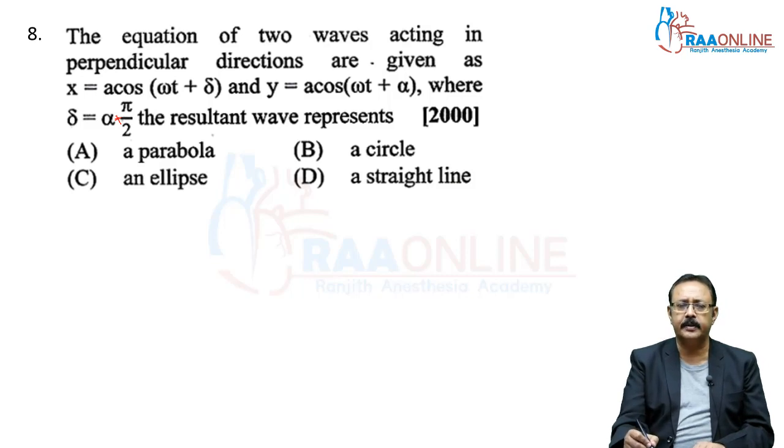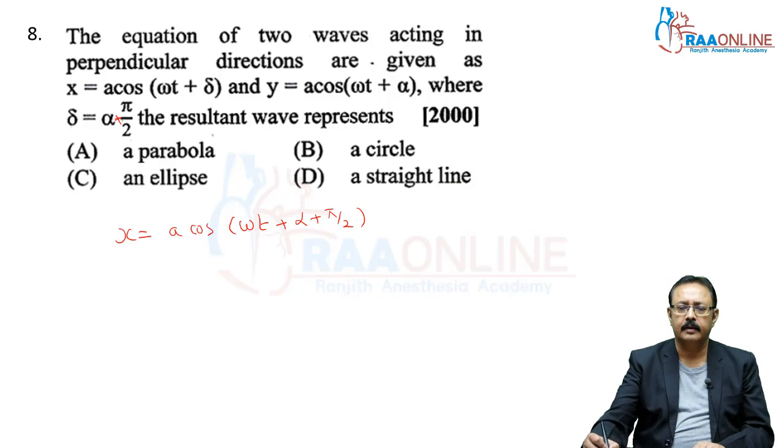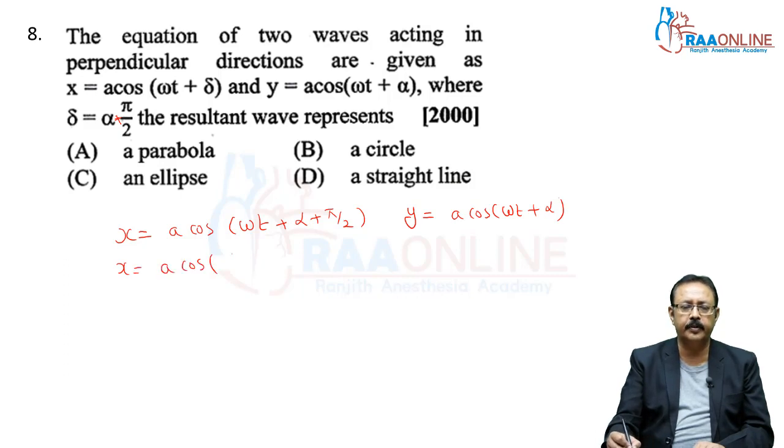The resultant wave represents, again the same type of problem. x is equal to a cos (omega t plus delta). What is delta? Delta is alpha plus pi by 2. y is a cos (omega t plus alpha). So x should be a cos (pi by 2 plus omega t plus alpha).